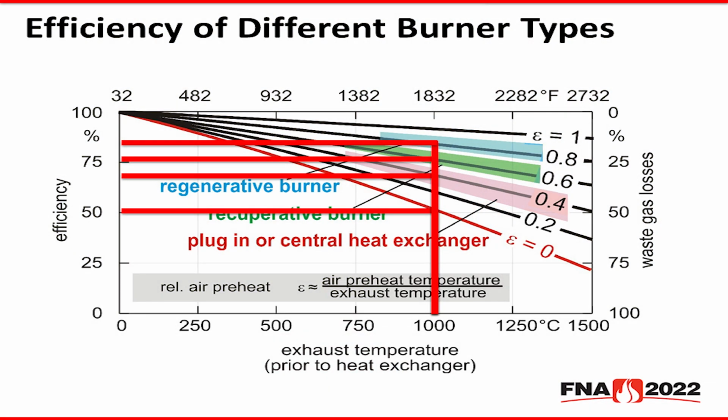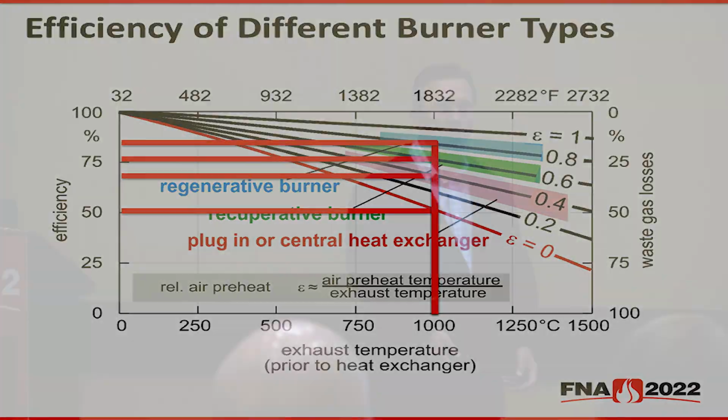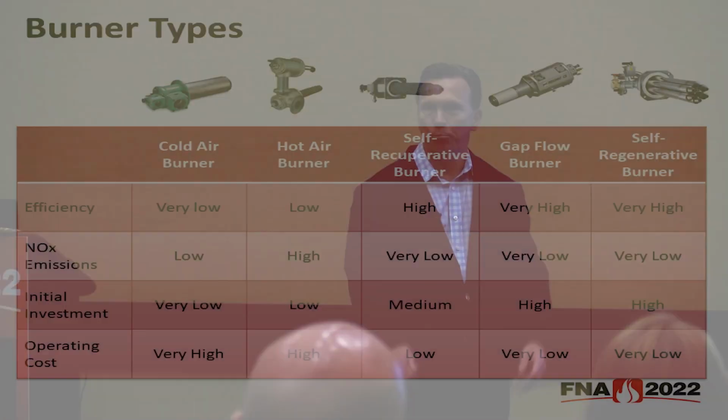The last step, which represents the best case scenario, would be a regenerative burner, an even more efficient method of combustion air preheating, which results in preheats in the 80 to 85% range. So at our same reference temperature of 1,000 Celsius, efficiencies are now approaching 90%.